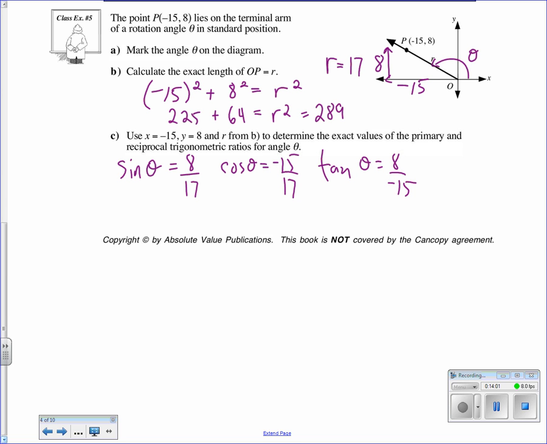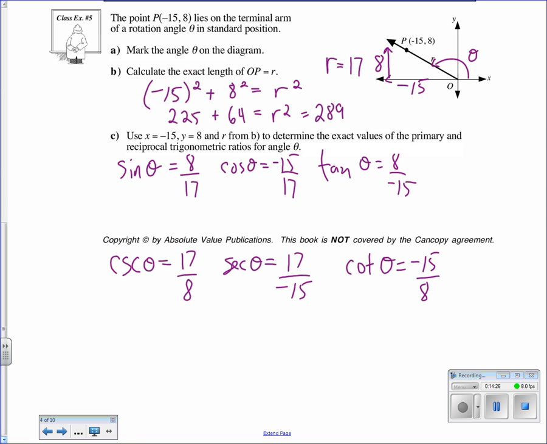Mitchell, I know you can't do that with yours. Sine and cosecant are reciprocal trig ratios. We want to get used to that. So cosecant of theta, simply flip the fraction around. Cosine and secant are reciprocal trig ratios. Flip the fraction around. And tan and cotan are reciprocal trig ratios. Flip the fraction around.